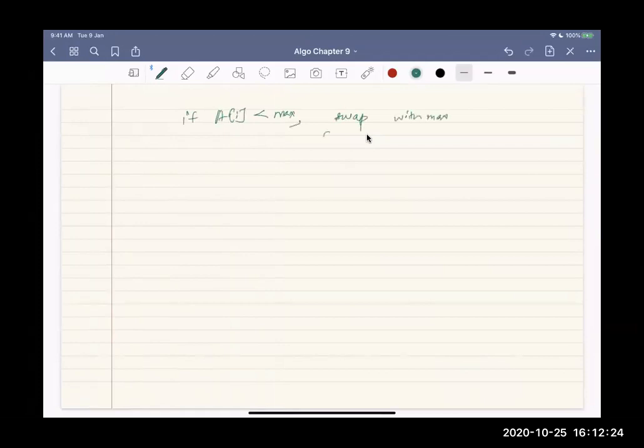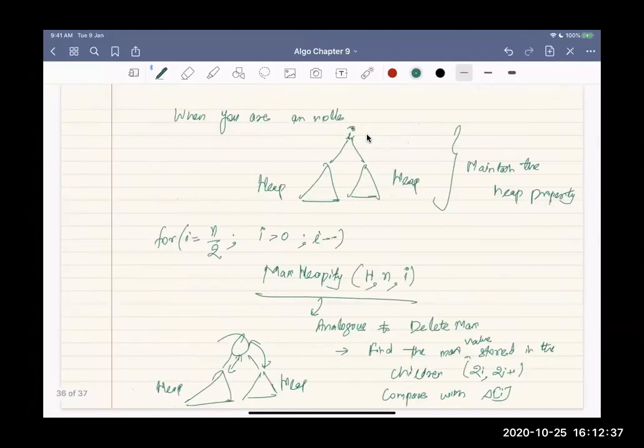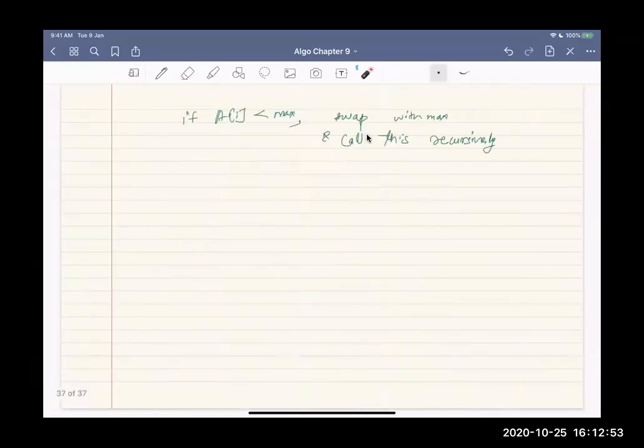And you call this recursively. So that's all. At node i, it may not be following the heap property, but the subtrees are heaps. So compare the max value, whichever is max. If this is smaller, you swap and keep on doing that until you come down to the leaf.